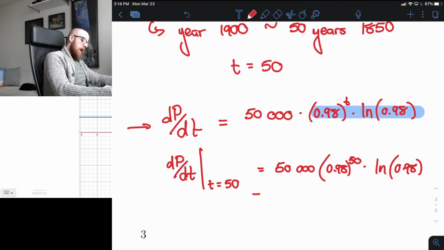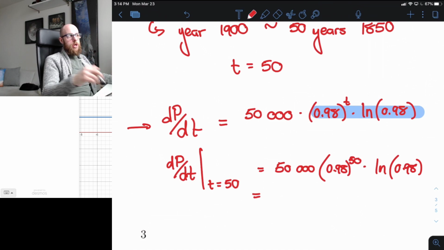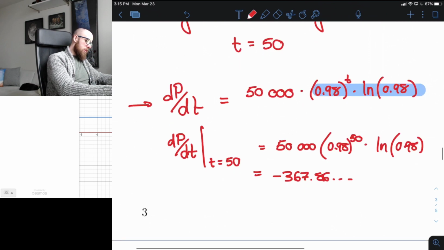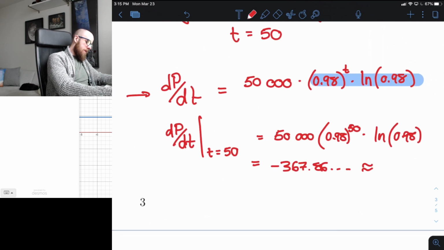All of this, I'm going to plug in one shot into my calculator and get an answer. I get a value of negative 367.86, which we can approximate as negative 368.